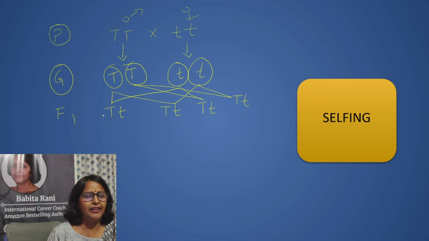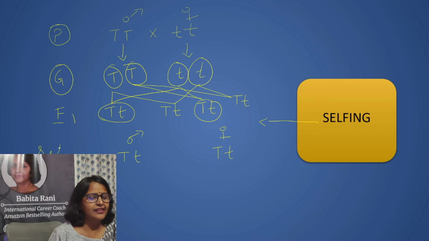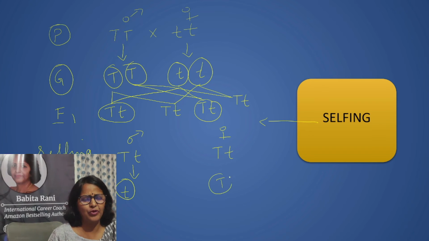And what is selfing? If we take one male from this and another female from the same F1 generation, that is capital T, capital T male and capital T, small t female from F1 generation, this is called selfing. And then in gamete we will have small t and capital T. 2 different types of gametes are produced, capital T and small t.